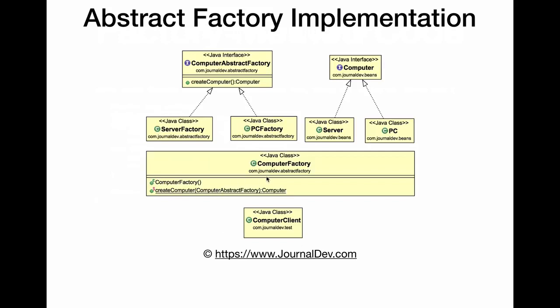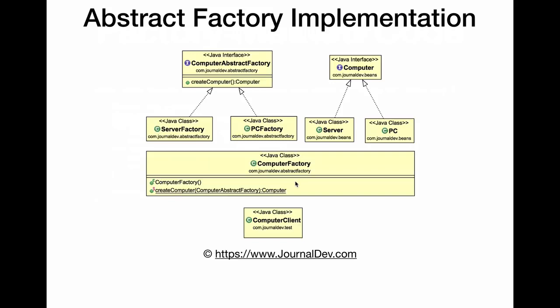So there is no change in the computer factory or any of the existing classes. In this way, abstract factory brings another abstraction and minimizes the code changes when you have frequent changes in your concrete classes, or you have multiple concrete classes derived from the base classes.